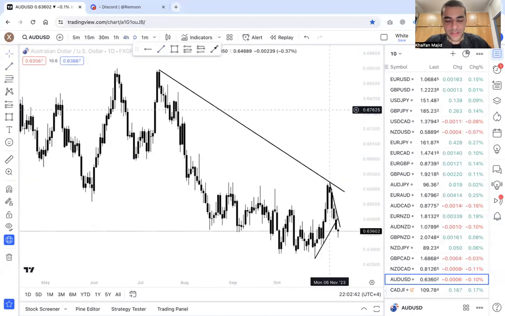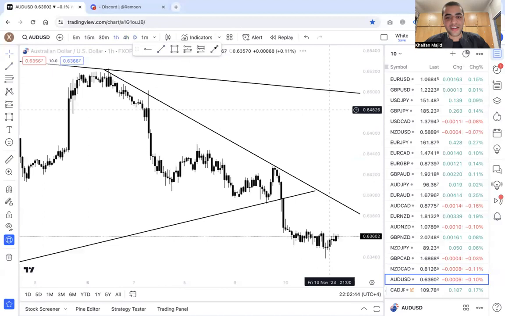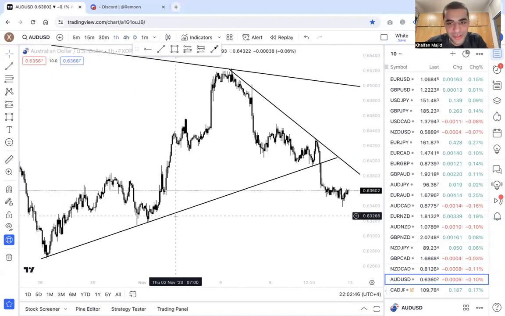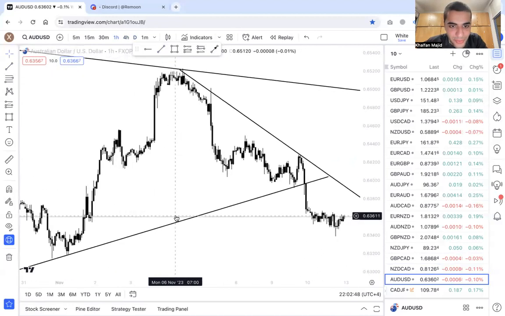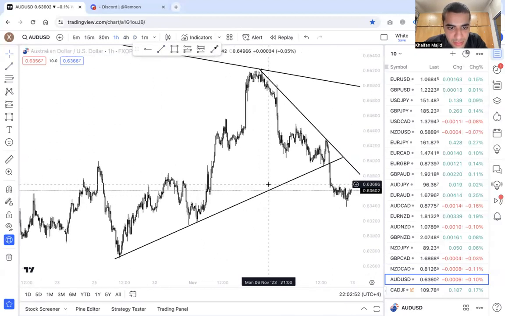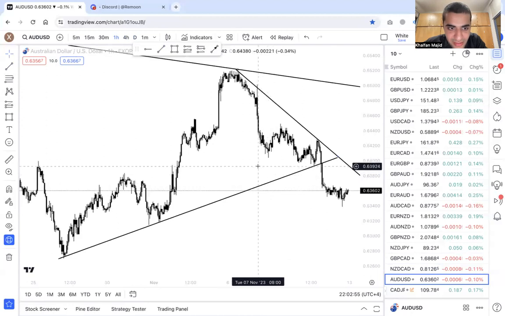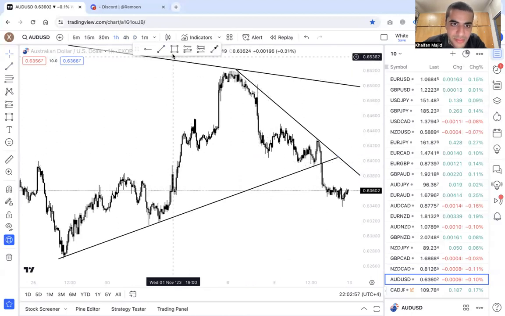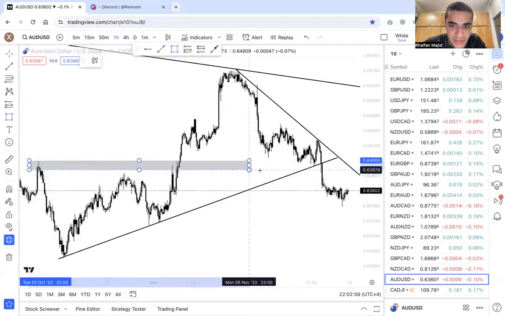That is why, let's say we're almost done, but let's say we found a resistance zone, maybe break and retest on this zone. Hypothetical.